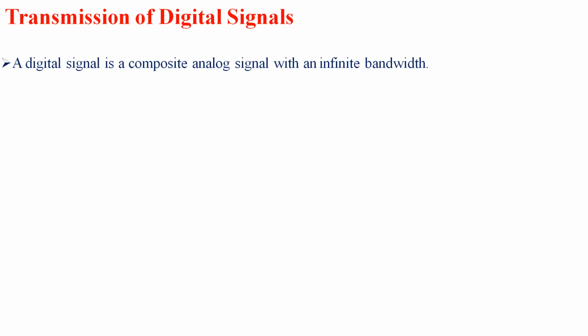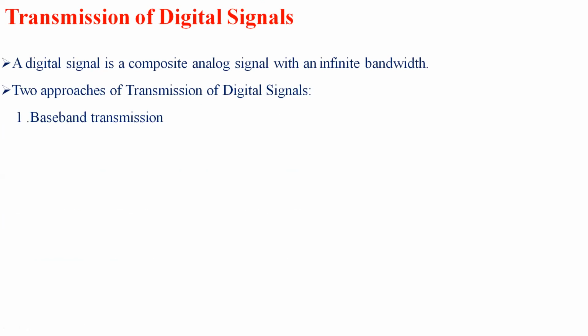We know that our digital signals can be either a composite signal or an analog signal with infinite bandwidth. There are two different approaches to transmission of digital signals: one is baseband transmission and another is broadband transmission. By using these two techniques, we can transmit digital signals from one point to another.